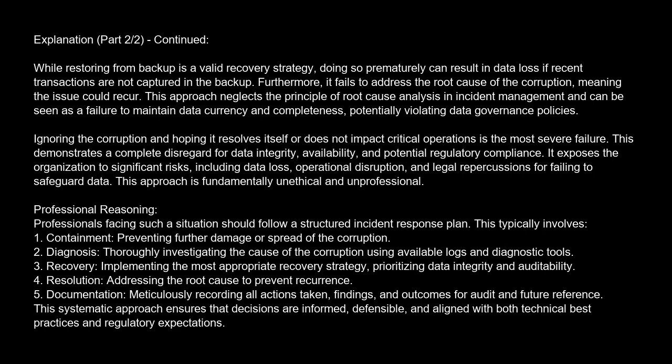Resolution, addressing the root cause to prevent recurrence. 5. Documentation, meticulously recording all actions taken, findings, and outcomes for audit and future reference. This systematic approach ensures that decisions are informed, defensible, and aligned with both technical best practices and regulatory expectations.